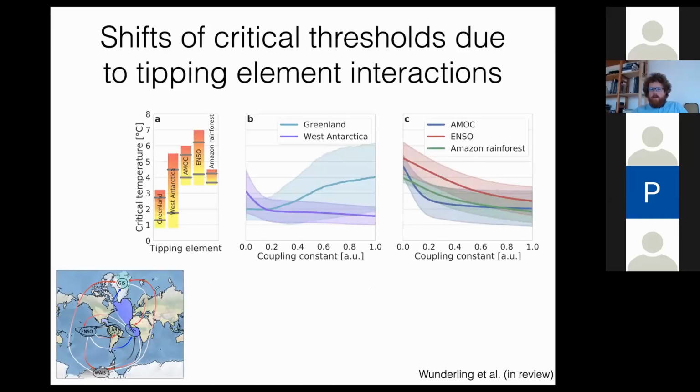What we find, again, here is the network of tipping elements that we look at: the Greenland ice sheet, West Antarctic ice sheet, AMOC and ENSO. We put in... okay, internet connection stable. I hope I stay in.